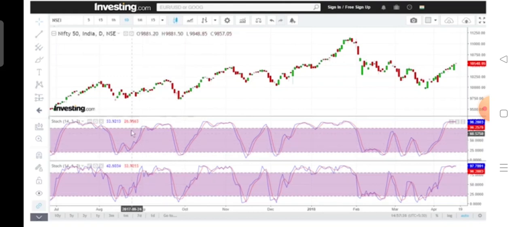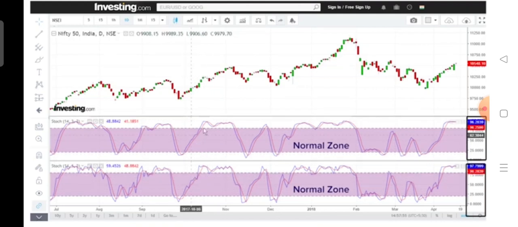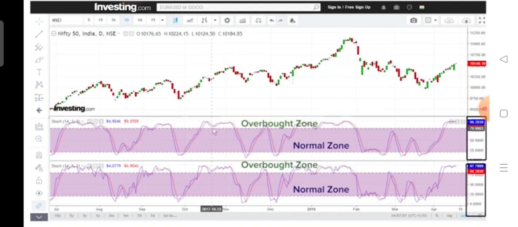Now, there can be various ways in which one can trade using the stochastic. One is that stochastic in both cases, fast and slow, has a range of 0 to 100. Out of that, 20 to 80 is the normal zone where both of them spend a lot of time, above 80 is the overbought zone and below 20 is the oversold zone for both of them.